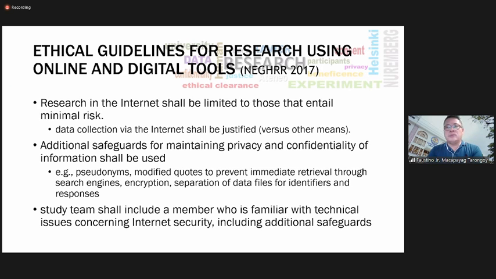And it would be a big help if somebody in your study team is an expert on those technical requirements or issues requiring internet security and safeguards. Okay, it would be a very big help if you have a consultant also to enable you to have that data privacy and data protection.